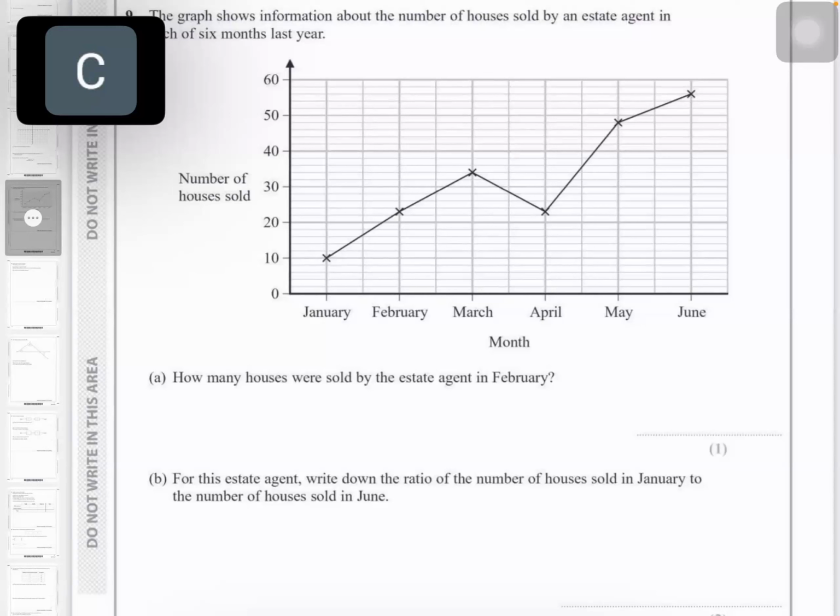Yeah. So remember, ratio has an order. It says January to June. So 10 is to 56. If you were to do the ratio of 10 to 56 and you were to break it down, what would it be in its lowest terms?